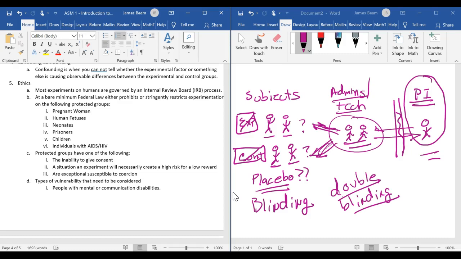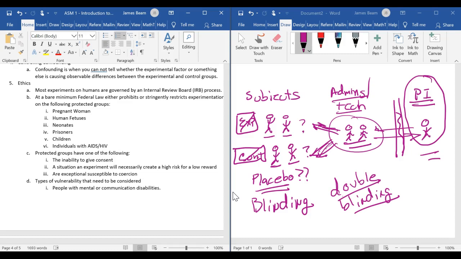At a bare minimum, there are either restrictions or prohibitions about experimenting on these protected groups: pregnant women, human fetuses, neonates, newborns, prisoners, big one. Wasn't so much true in the 1970s. Lots of bad prisoner experiments, like in the 50s, 60s, and 70s. You can go and read about them.